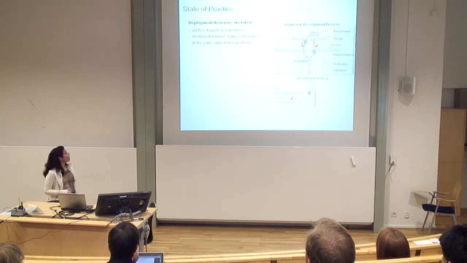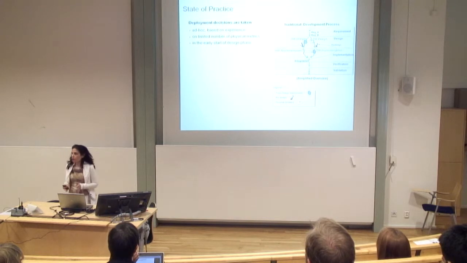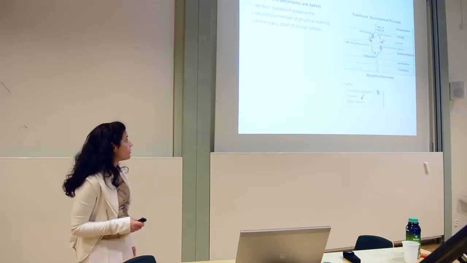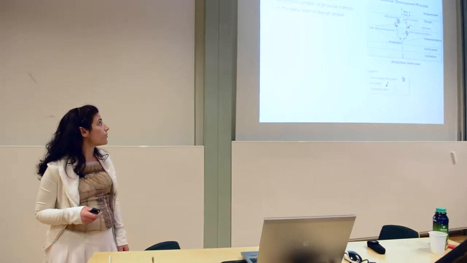So, based on this, if you look at the state of practice today, basically, when it comes to the decision on how I should divide, so it should be hardware, software, which part I should put on the FPGA and which one on the CPU.